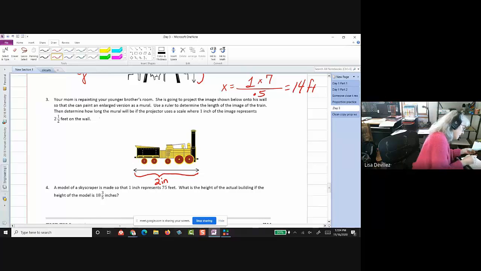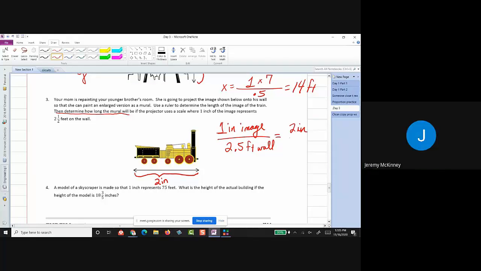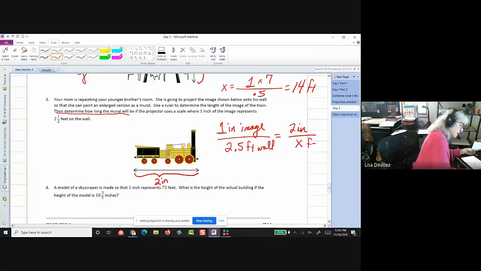It wants to know how long it will be if the projector uses a scale where 1 inch of the image is equal to 2.5 feet on the wall. The length of this one is 2 inches, and X will tell us how many feet on the wall that will take up.